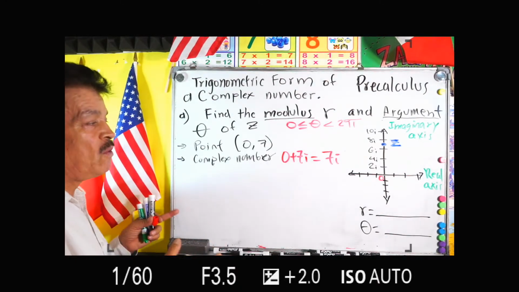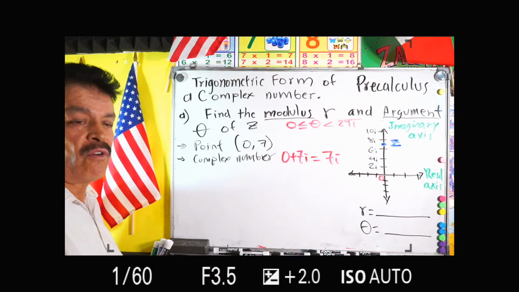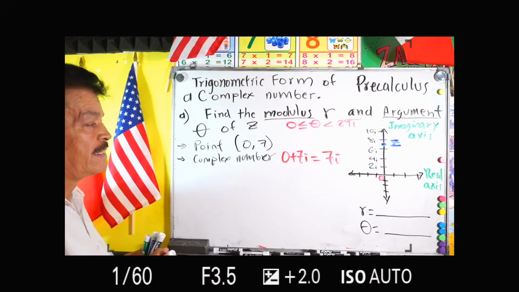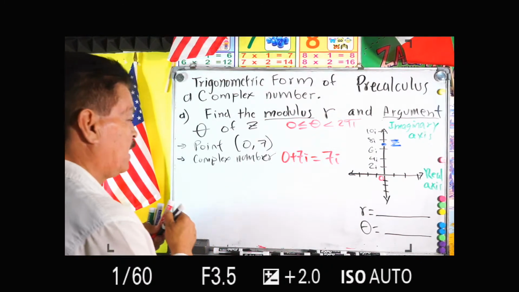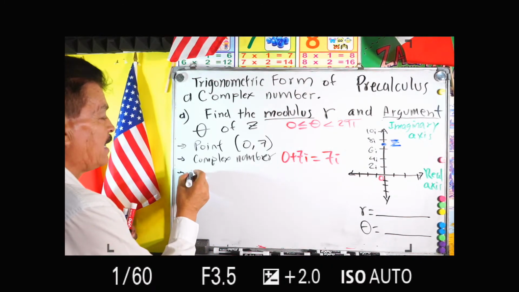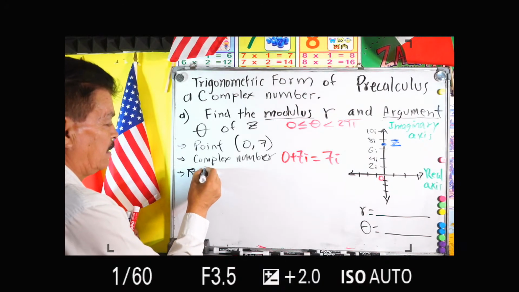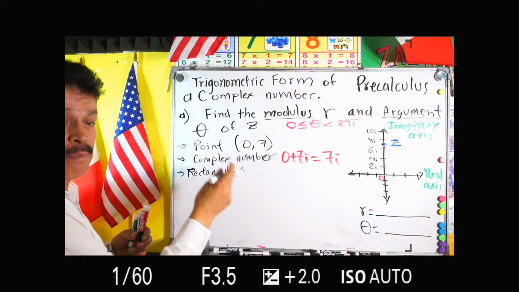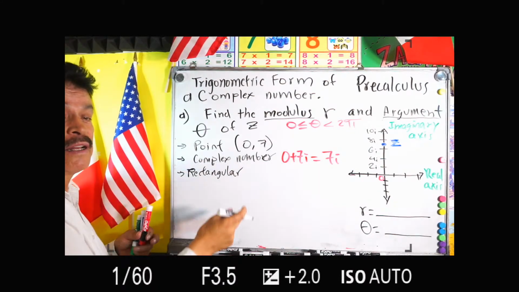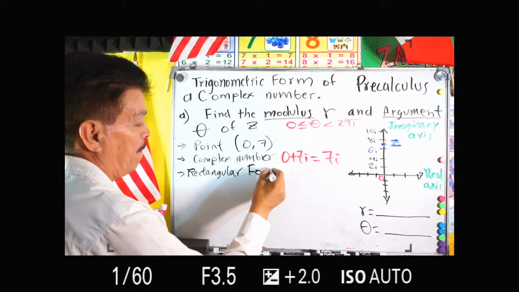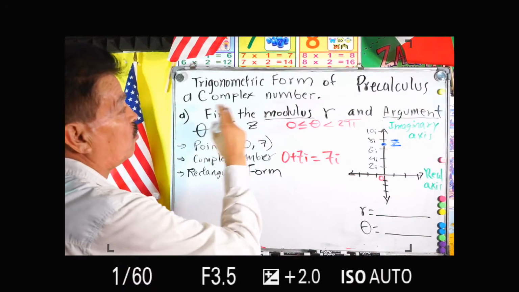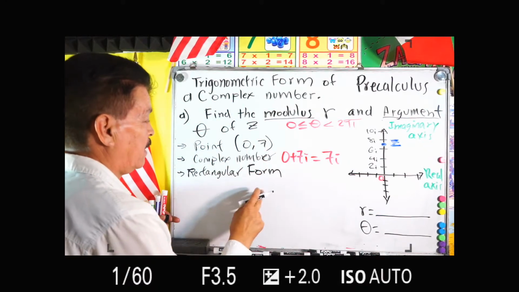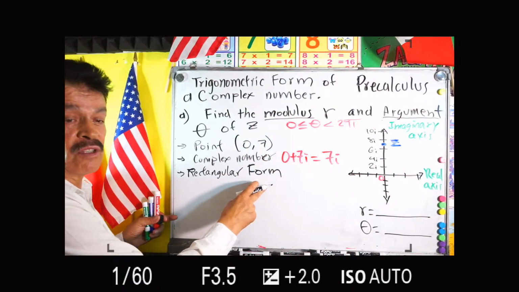So the rectangular form of the given number z is another thing we are talking about. The rectangular form is another important thing. We are talking about the trigonometric form and the rectangular form. It's a little different.